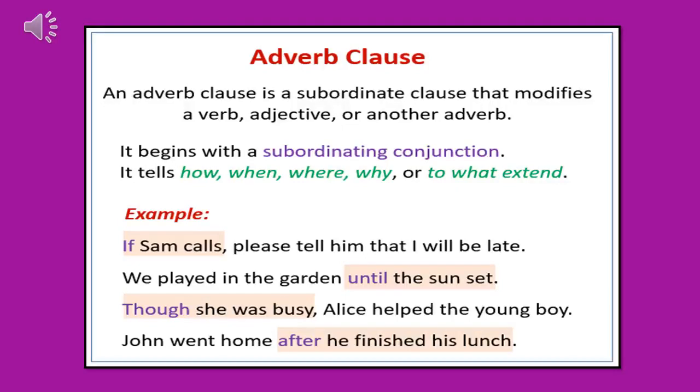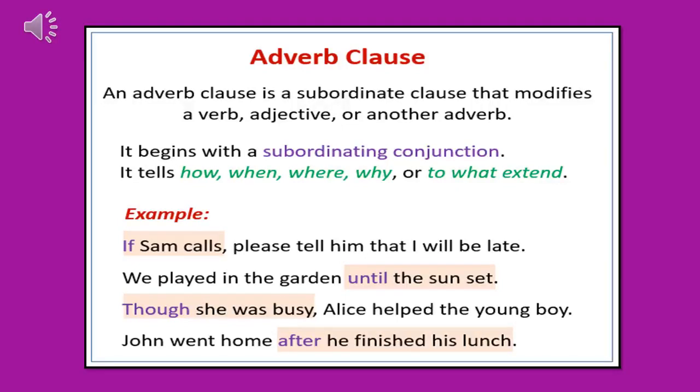It tells us how, when, where, why. An adjective clause, as we know, answers the question which and what. But an adverb clause answers the question how, when, where, why, or even to what extent.